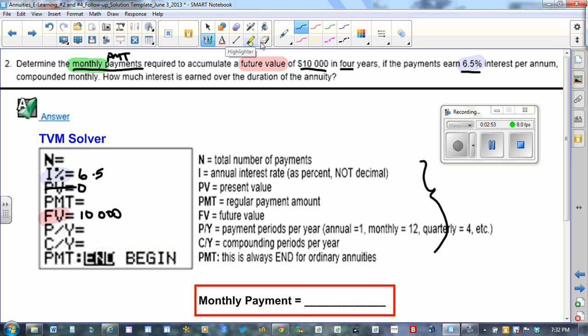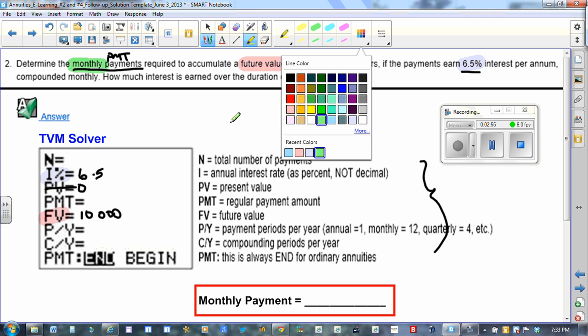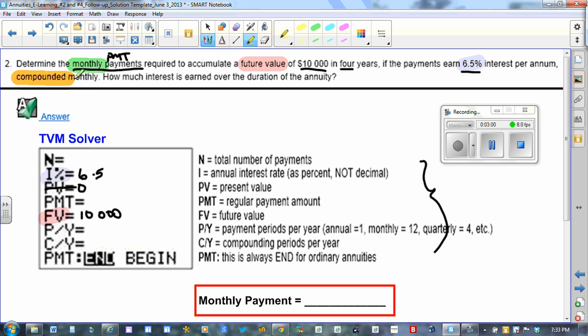If you take a look, the compound is going to be monthly. That's important. And also take note that the compound monthly, that's 12, is the same as the frequency of the payments. So that's critical in what we're doing here. These two numbers will both be 12s.